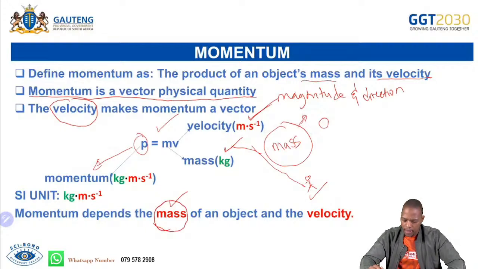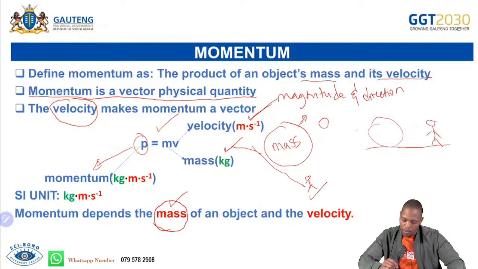Okay, but then we can take a big rock again and push it on a horizontal surface. Now, because we are pushing it horizontally and we're not rolling it down, the velocity that this big rock will get to is relatively small.